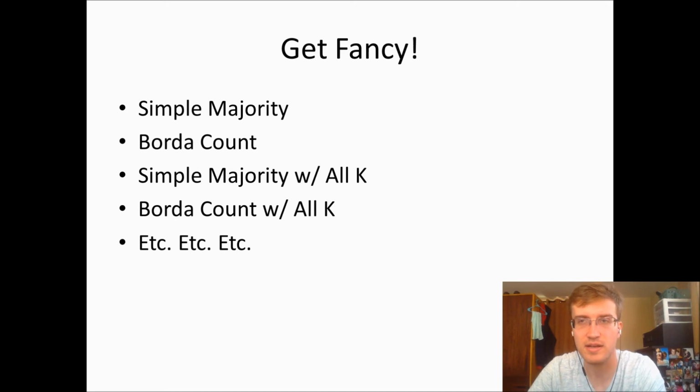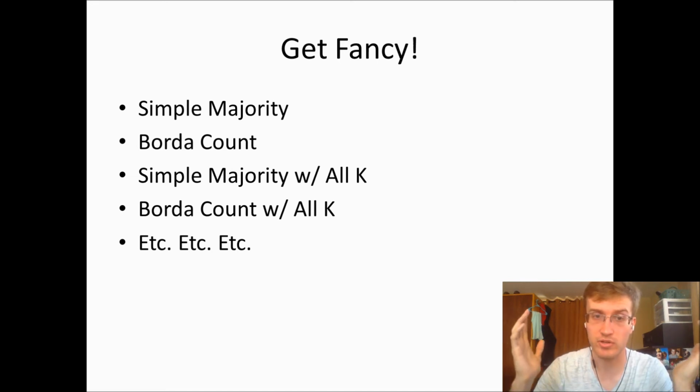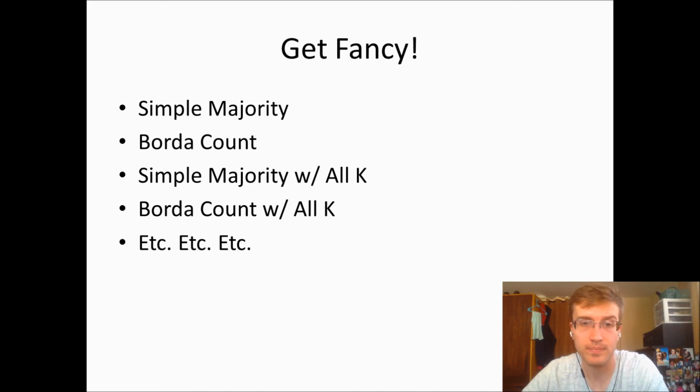With Borda counting, let's say k equals 3. The classification of the nearest point would have a vote of 3. The classification of the second nearest point would have a vote of 2. The classification of the third nearest point would have a vote of 1. So basically, it weights points closer to the point you're trying to classify more heavily, which makes total intuitive sense.